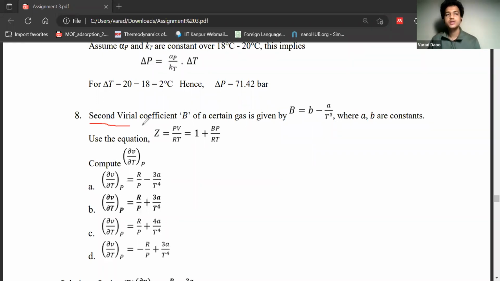So the next question is: the virial coefficient B, the second virial coefficient of a certain gas, is given by this expression, where A and B are constants.